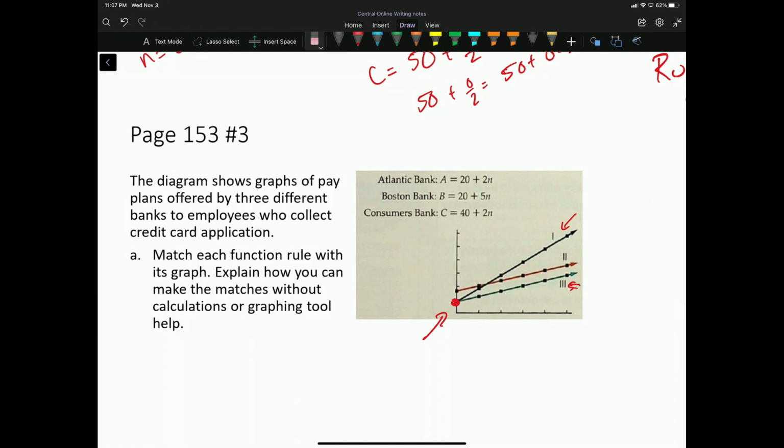So my slope is going to be a little steeper, right? You're making more money. So my Boston Bank would be graph 1. My Atlantic Bank would be graph 3. And the Consumers Bank, which had the higher starting point, you can see how my higher starting point was right here. This would be graph number 2.